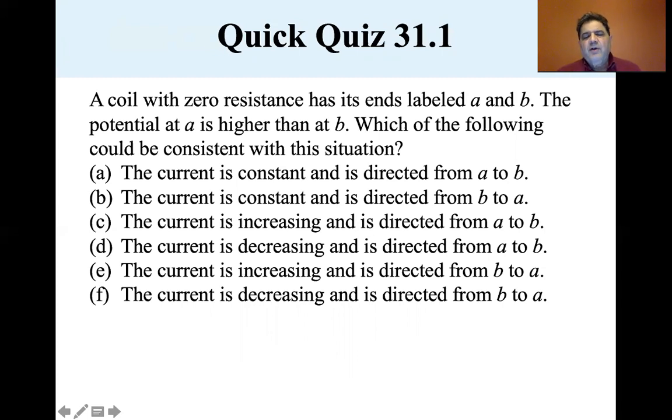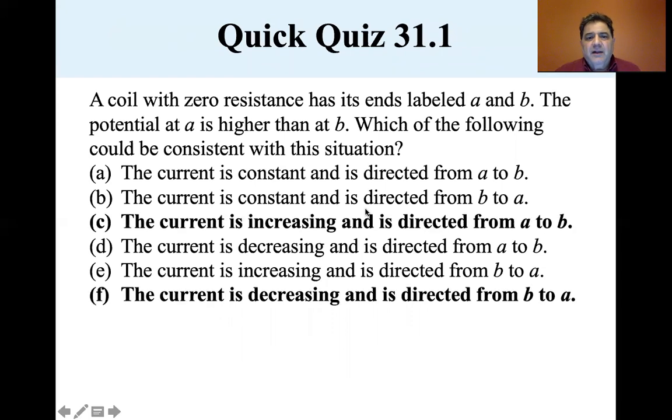If the current is increasing, remember Lenz's law, it's going to be directed from A to B. If it's decreasing, it's going to want to reinforce the current, and it's going to be directed from B to A. Let's see if I'm right. Yes, the current is increasing, is directed from A to B. If the current is decreasing, it's directed from B to A.